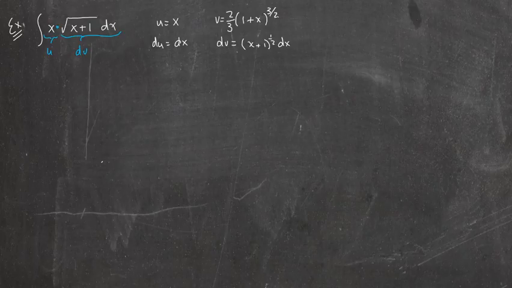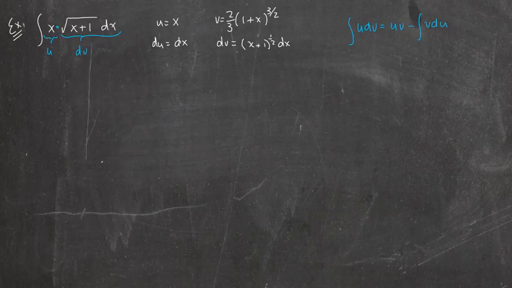All right, let's do our substitution. I'm going to write it down again. So if I'm looking for the integral of u dv, that equals u times v minus the antiderivative of v du.